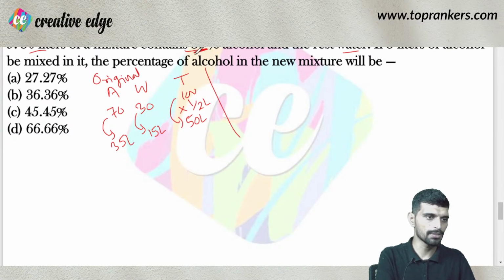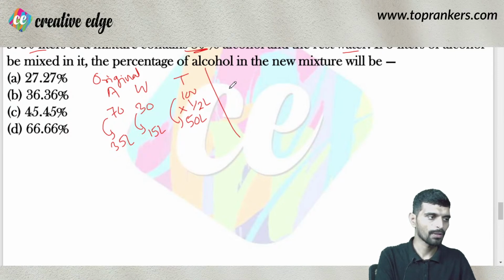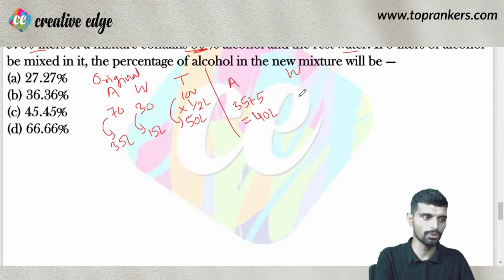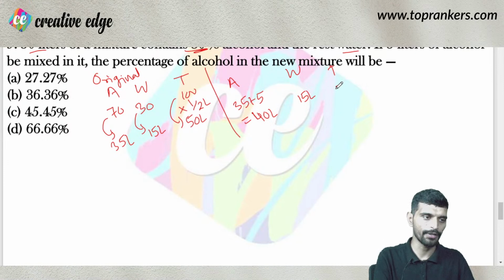Now what happens if 5 liters of alcohol be mixed in it? The quantity of alcohol changes to 35 plus 5, which becomes 40 liters, but there is no change in the quantity of water, that is 15 liters. So the total quantity will be 55 liters, and you need to determine the percentage of alcohol.